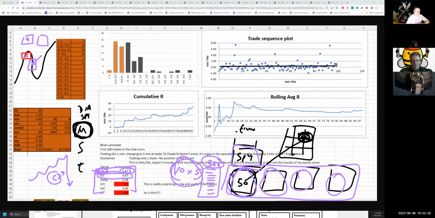What I'm really doing is looking at the meta system. I'm really looking at a complex system of 10 different things that behave in certain ways and 5 different patterns. This is really a meta system that maybe gets a lot of trades in a short period of time.